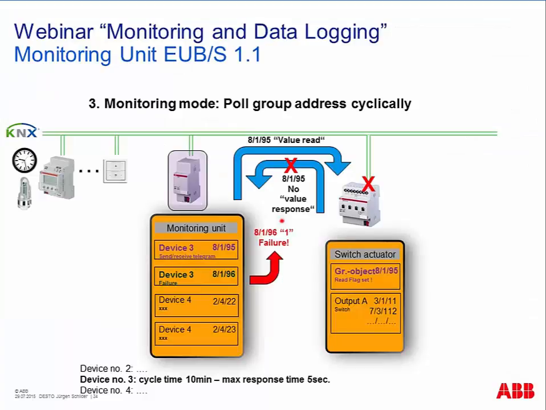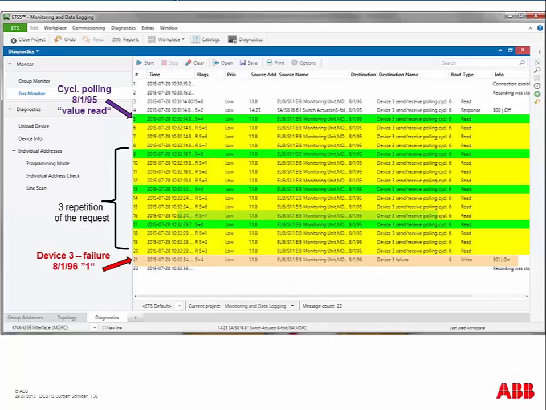If there's no response, similar principle as before. We have our communication here with the same group address, but there's no response possible from the device, and then of course our failure group object will be set to 1 again. And the way of communication, or the telegram on the bus, is very similar.